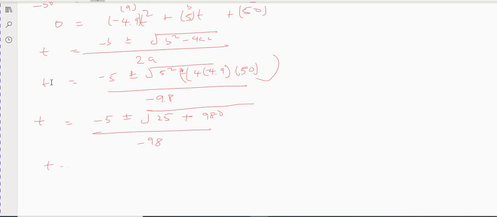So t is equal to negative 5 plus or minus. When we work out the inside of this, we get the square root of 1005, all of that divided by our negative 9.8.